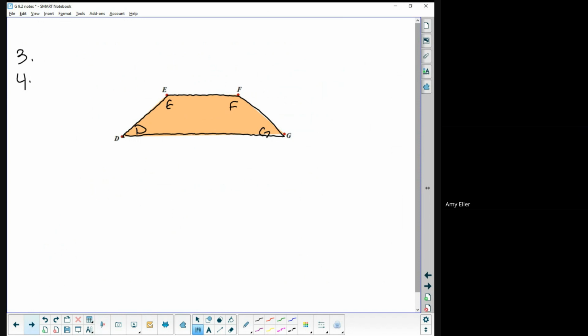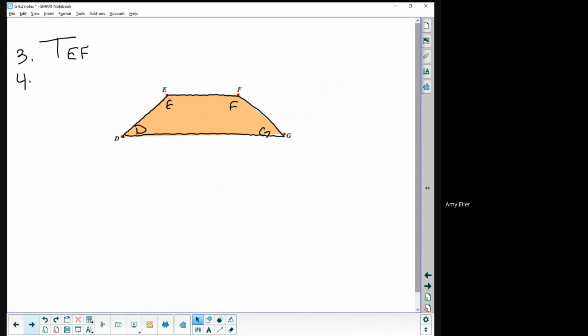Question number 3 is going to be this. I want you to translate EF. That doesn't mean we're just moving points EF. That means we're translating in the direction wherever E to F is.